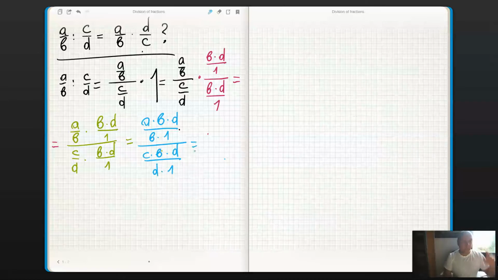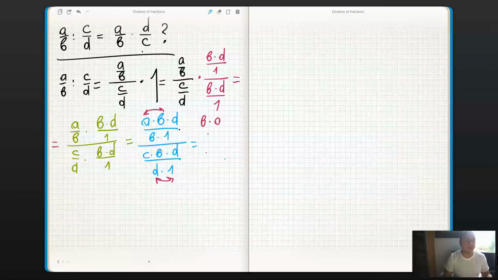I hope so. And now we can rearrange using the commutative law of multiplication the way we like it. So I'm just rearranging A and B right here in the numerator, and I am rearranging D and 1 in the denominator. So let's see what is the result.